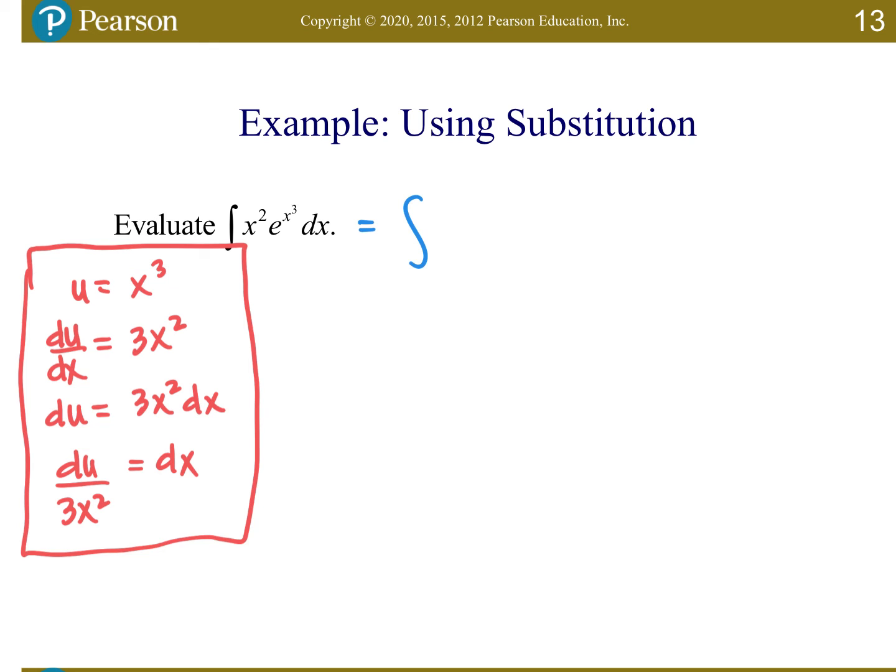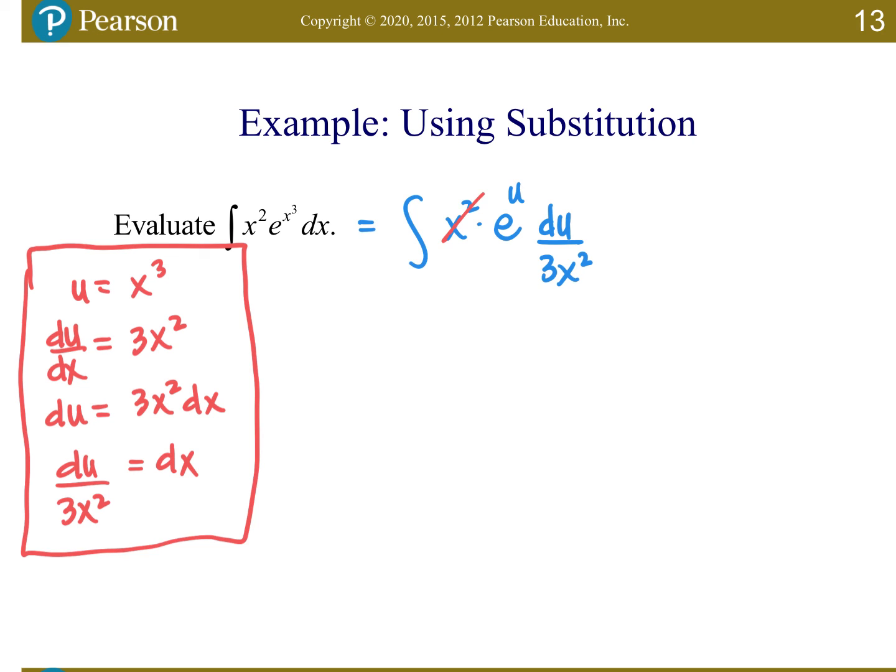So again, the x squared, I'm just leaving there. I don't need to touch that. The e, but it was the x cubed that I chose that becomes my u. And my dx becomes du over 3x squared. And so now we have, okay, great, that extra x squared. I was patient with the x squared.